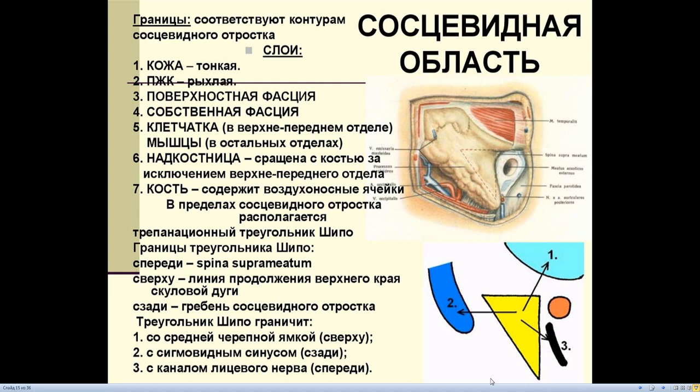All listed arteries participate in the blood supply of the soft tissues of the skull and have very good anastomosis between themselves from both sides.